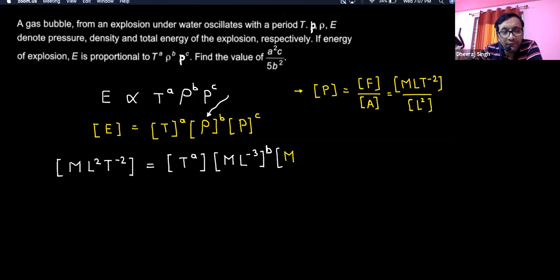Yeah, what is the dimension of force by area? M L^-1 T^-2. This is the dimension to the power C. Correct. So if I rearrange the terms, I'll get M to the power B plus C, L to the power minus 3B minus C, and T to the power A minus 2C.